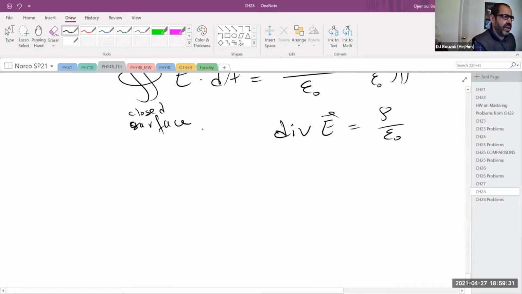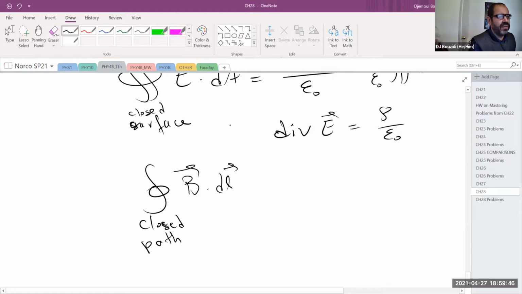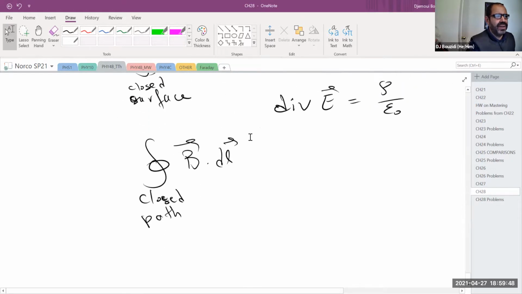The circulation is now over any closed path. So this is a line integral, while the other one is a surface integral. It's B dot dL now, instead of an area, you have a path. And this is equal to mu naught times the sum over the surface, an open surface enclosed by that path.